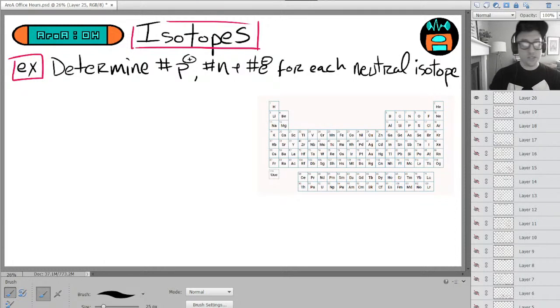The only reason you know is because it was stated in the problem. We're asked to determine the protons, neutrons, and electrons for each neutral isotope. So that is how you know: we've been told. If you weren't told that, you wouldn't necessarily know, and there'd be no way to determine it. So that information has to be provided for you.